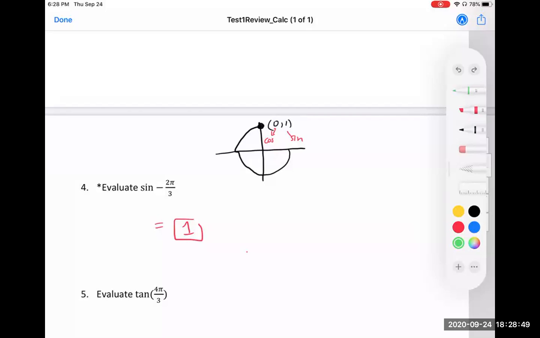Did I do that one wrong? Where's my unit circle? Oh, I looked at 3 pi over 2. Never mind. Thank you so much. So your key has an error. I read it as 3 pi over 2. Thank you.